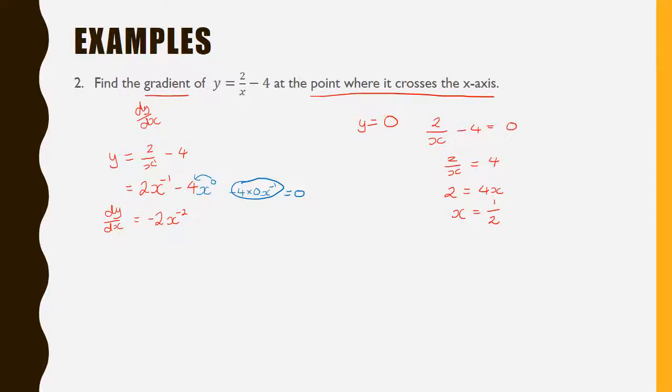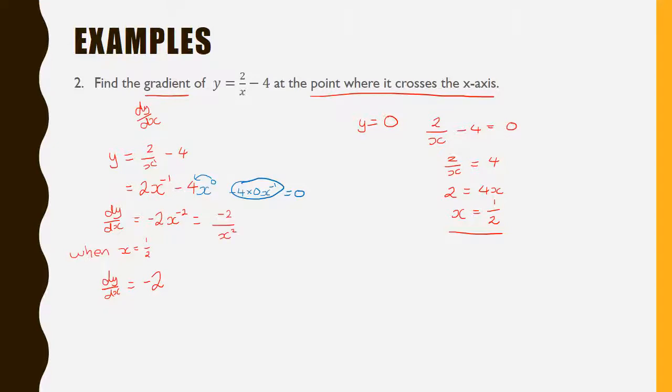To find the value of the gradient at this point, I need to substitute this value into our derivative equation. In terms of notation, we say when x equals half, what we're going to get is that dy dx is equal to negative 2. Now remember, let's think about this. This is the same as negative 2 over x squared.